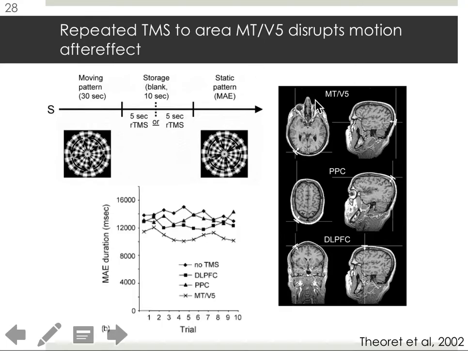When you zap this area MT slash V5 compared to a few control areas, what you're seeing is that you experience less of the duration of the motion after effect, right? So suggesting that areas MT and V5 are causally involved in the perception of motion.